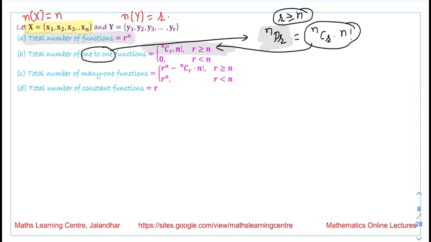Now, we are talking about the total number of functions.